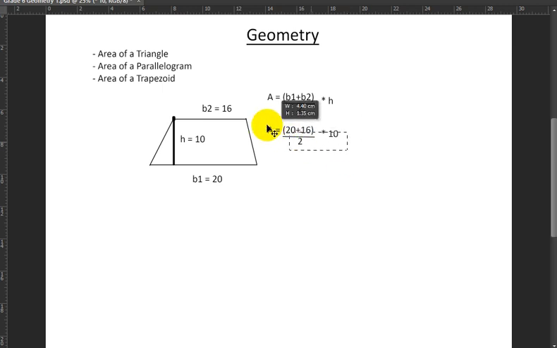Well, if we remember our order of operations correctly, what we should do here is first we do 20 plus 16. 20 plus 16 makes 36.